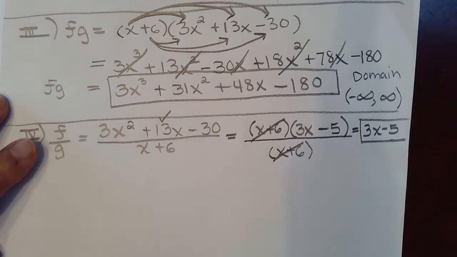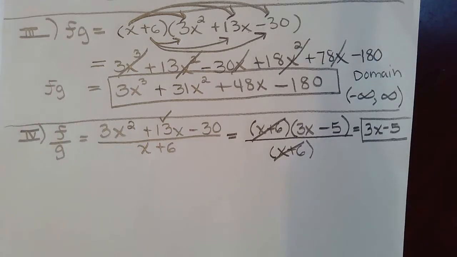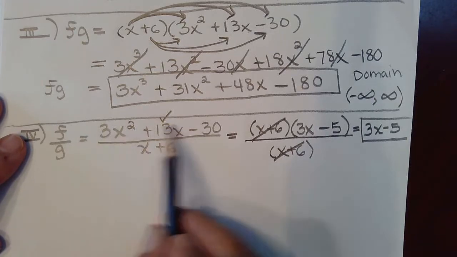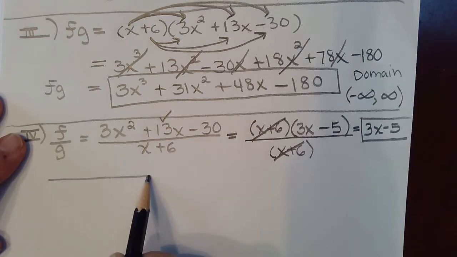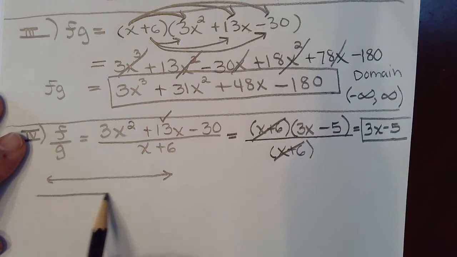Then as far as the domain goes, now we have an extra restriction just imposed by the fact that the combination is now a fraction. So now let's look at these domains individually and choose the elements that they have in common, just like we discussed at the beginning. So the domain for this polynomial, as we were discussing at the top, here I'll put the number line right here.